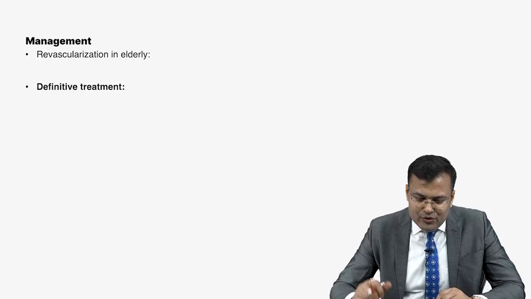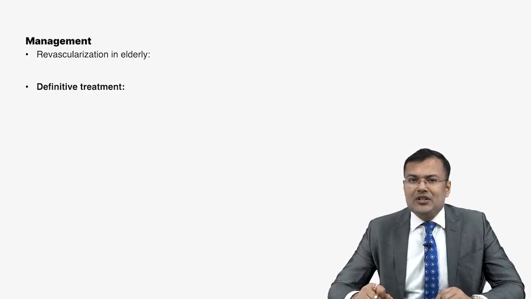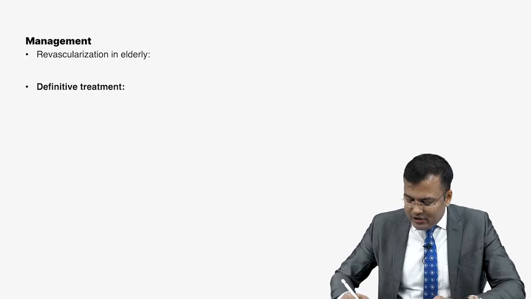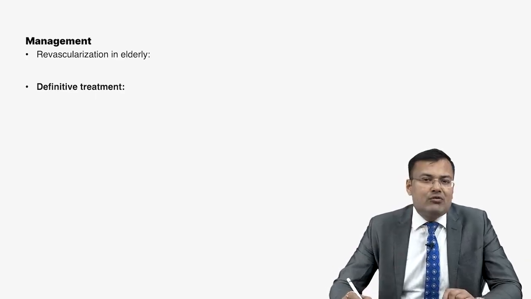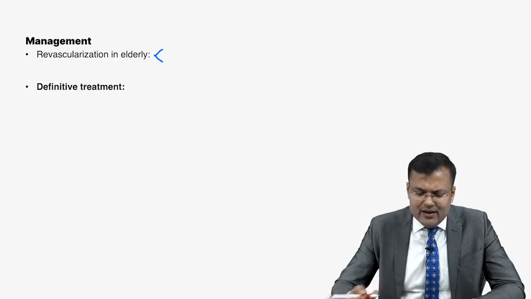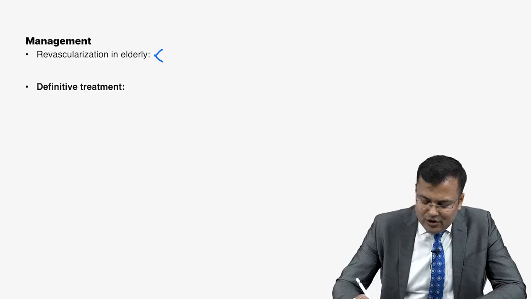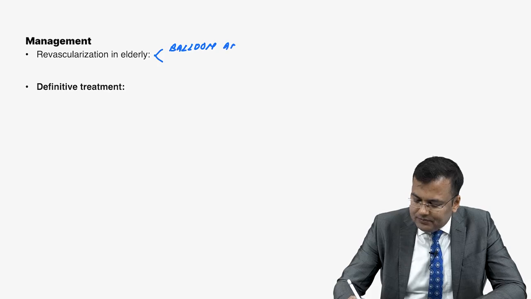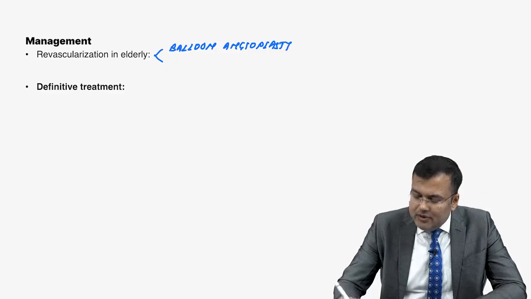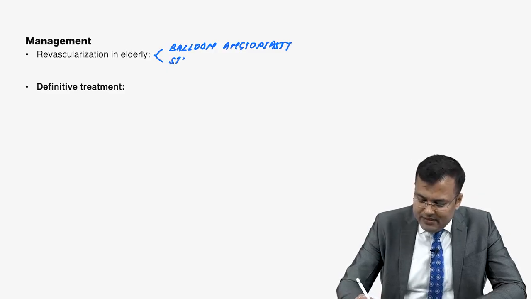Clear? So here what we do? We go for revascularization. Why? Because there is occlusion. So in elderly, how you go for revascularization? In elderly, we can go for balloon angioplasty, or second option, we can insert the stent. So balloon angioplasty or stent placement.